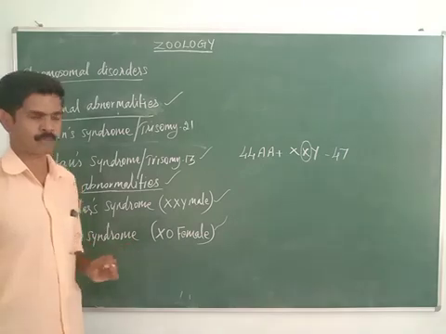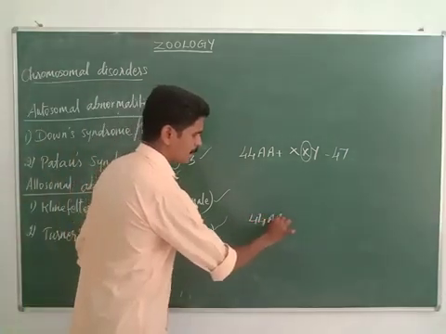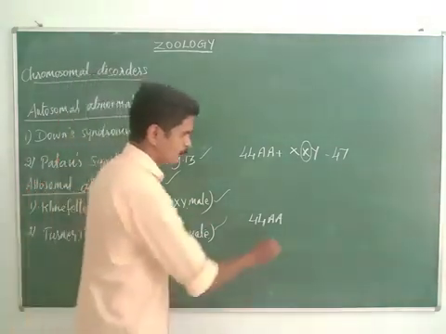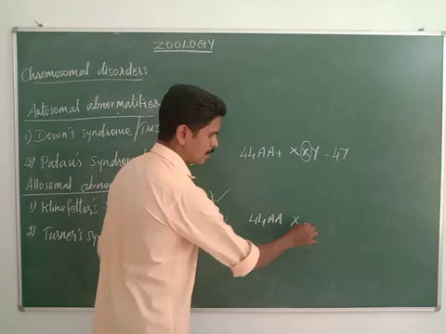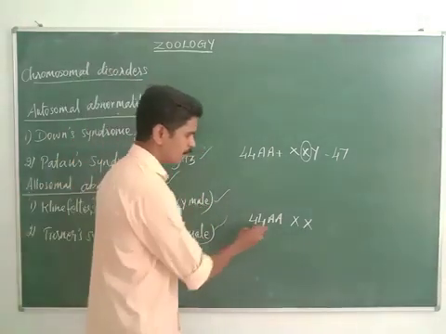instead of 46 chromosomes. See, 44 autosomes, this is normal, then one X chromosome. They should have two X chromosomes, so 44, 45, 46.